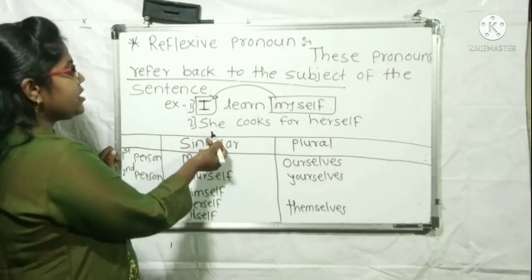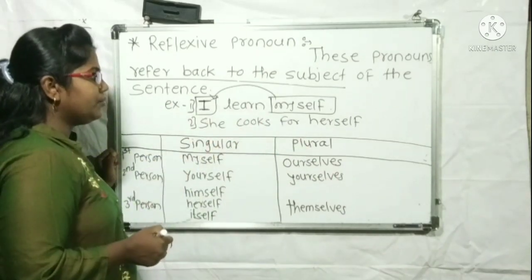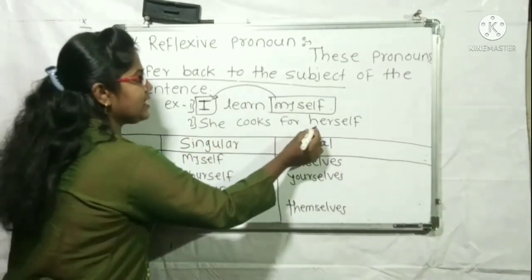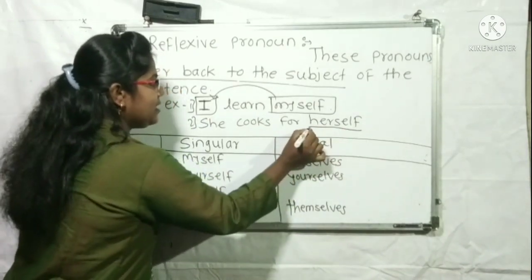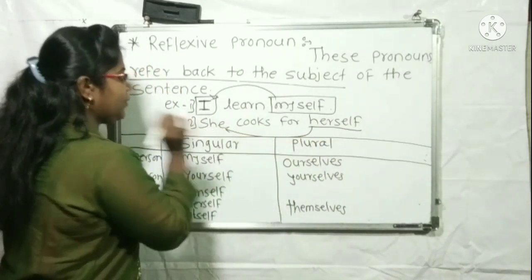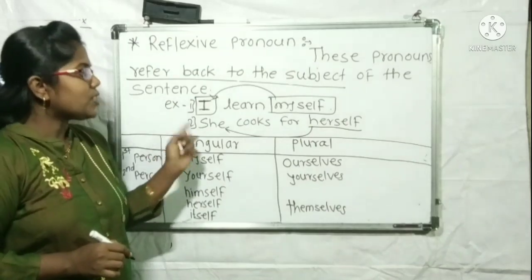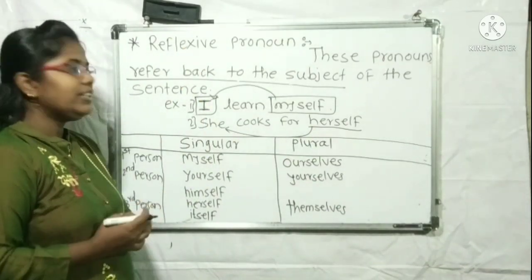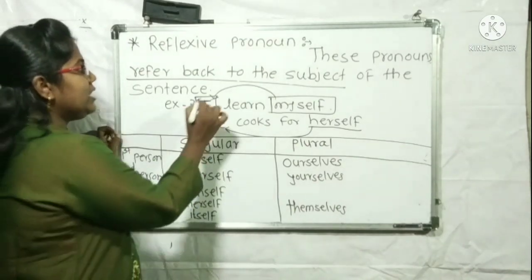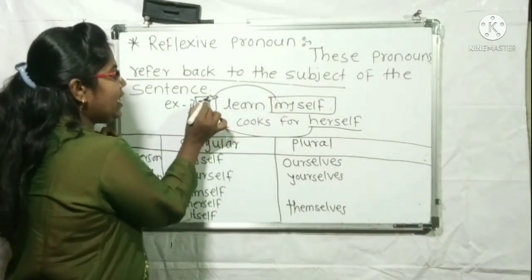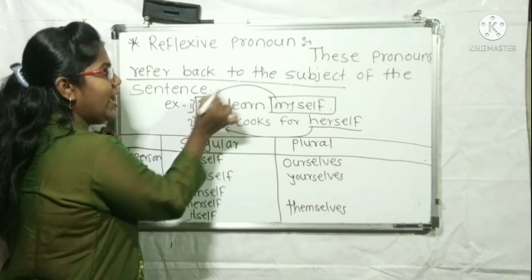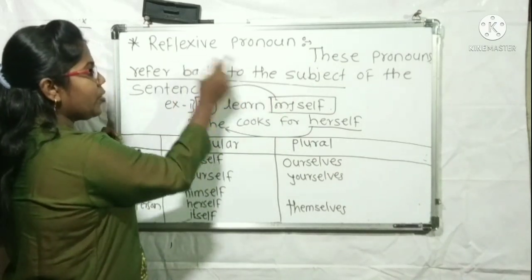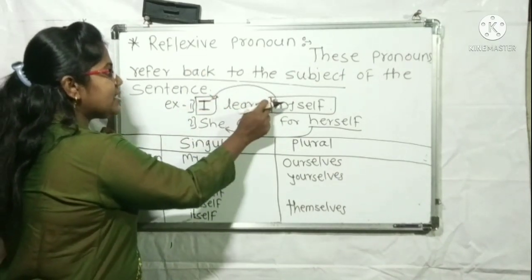The next one is, she cooks for herself. Here also the same thing is there: herself refers to the subject she, and that's why it is also a reflexive pronoun. Now here one thing you have to remember: these two pronouns, one personal and the other reflexive, are from the same forms.